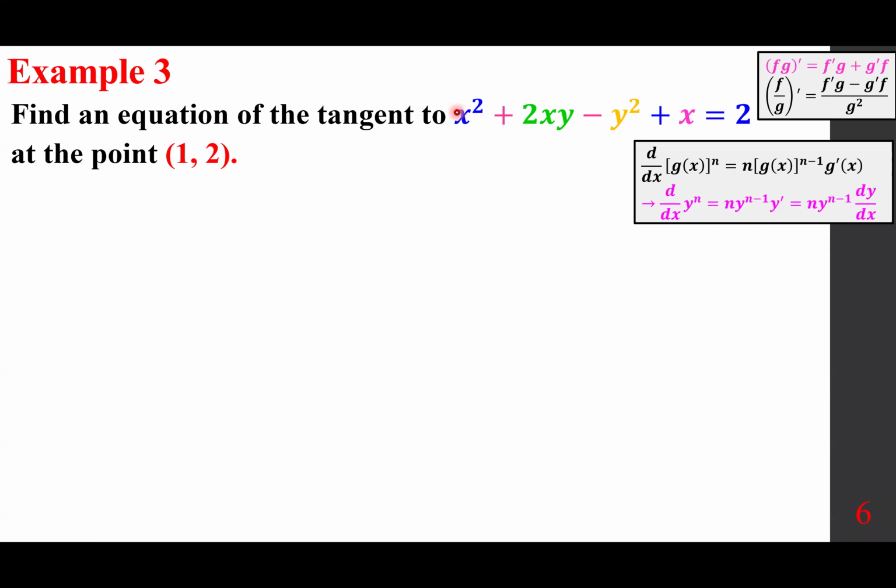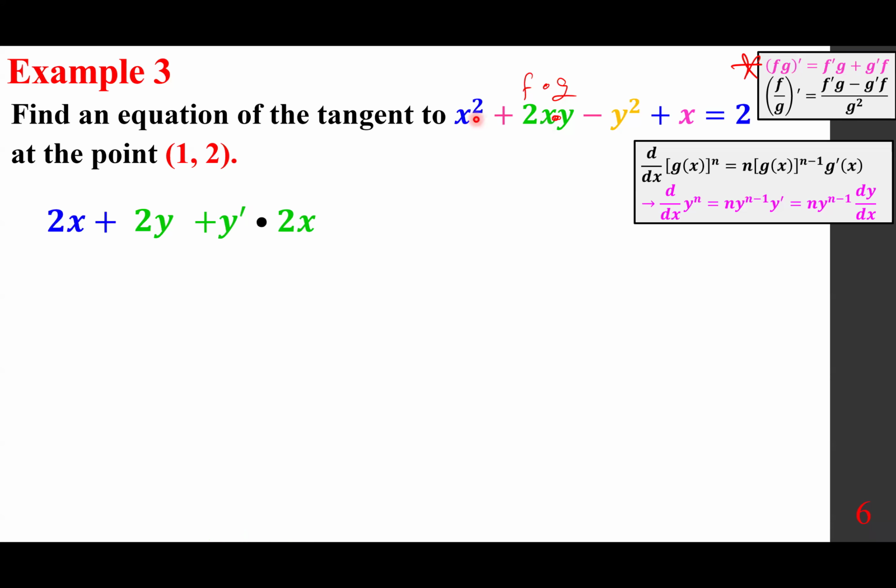So x squared gives you 2x. 2xy, we're going to put a raised dot in between. And we use the product rule. The derivative of 2x is 2 times g, which is y, plus the derivative of y, which is y prime or dy/dx, times 2x.